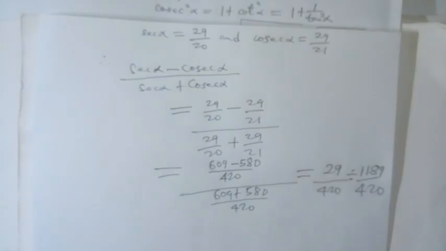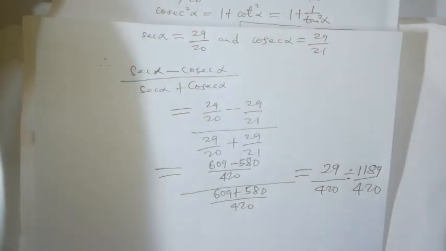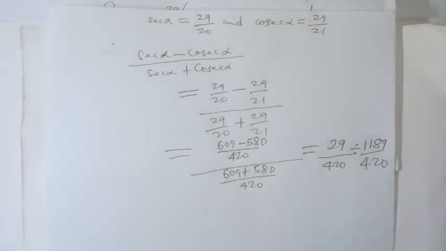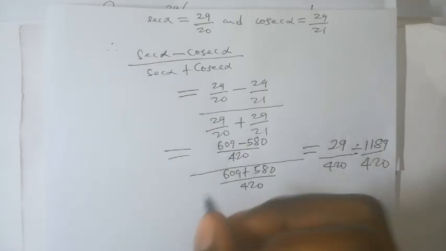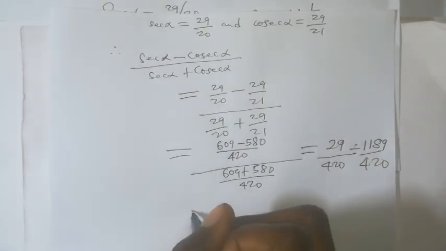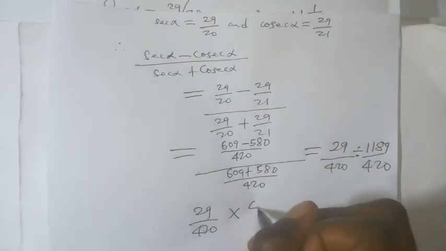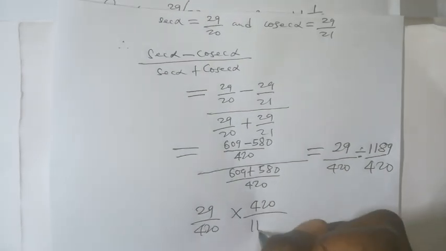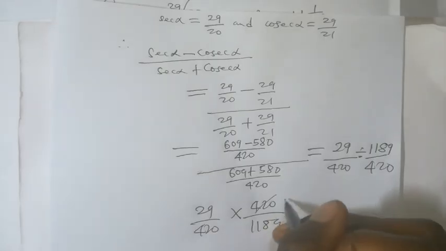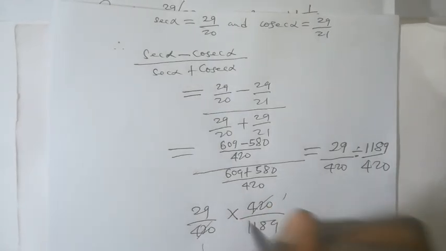So in that case, this division can be transformed into multiplication. We have 29 over 420 times 420 over 1189. 420 here 1, 420 here 1.